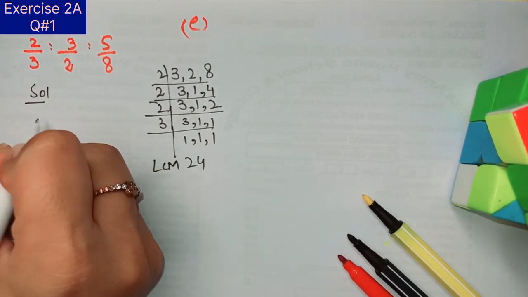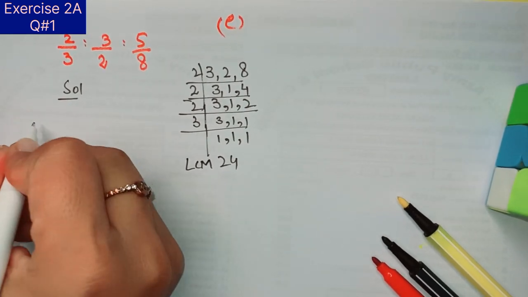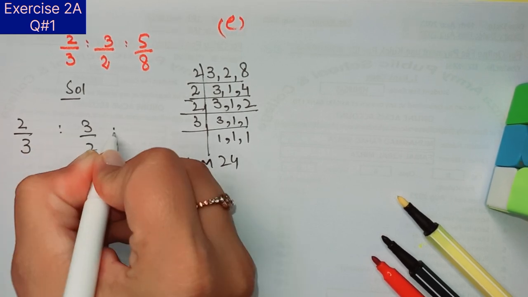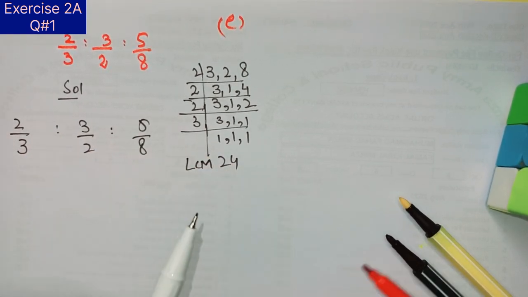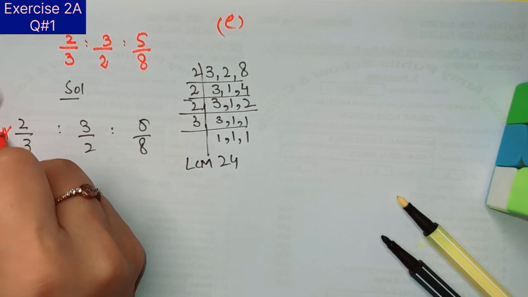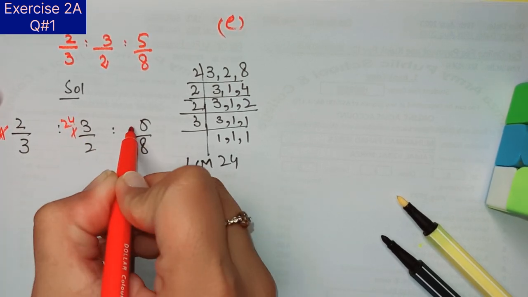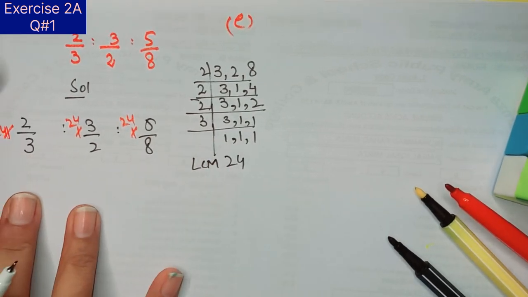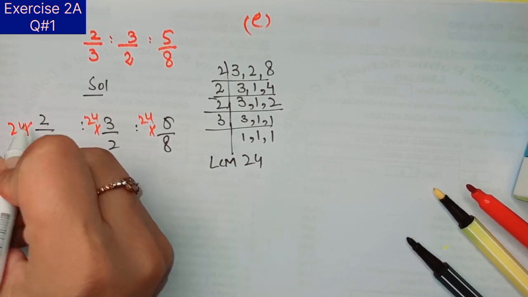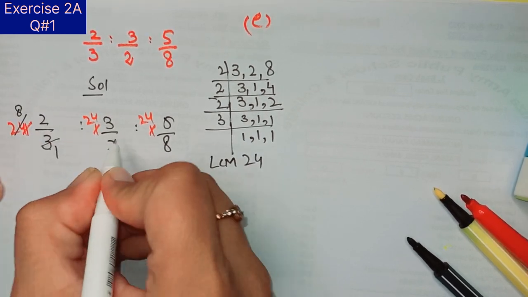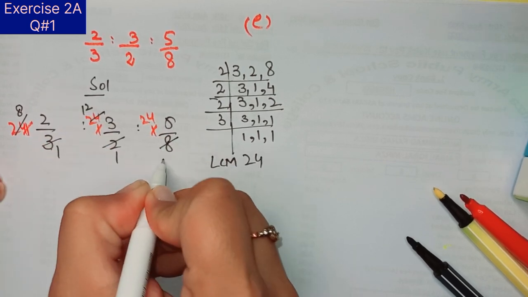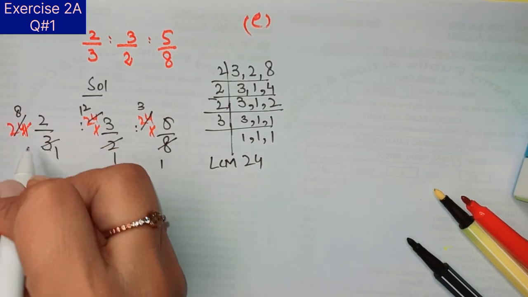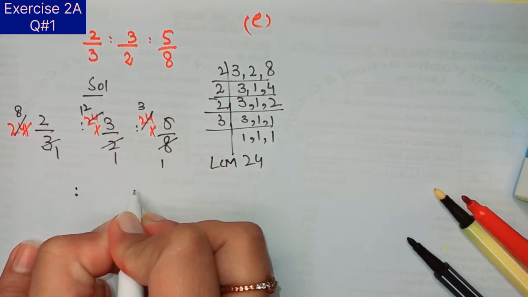So now we will multiply the given ratio by 24, all the fractions by 24. Here we will multiply by 24, this one we will multiply by 24, and this fraction also we will multiply by 24. So now we will simplify it. The fraction is removed, the denominator is removed, and it has been converted into numbers.